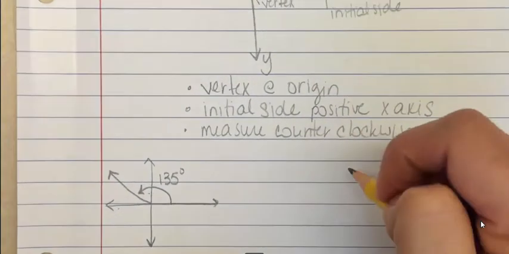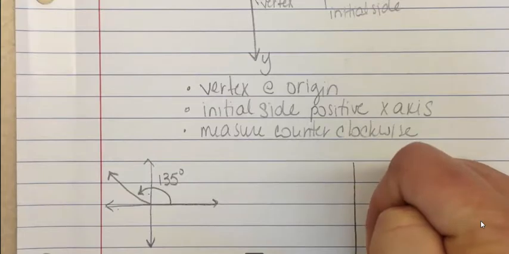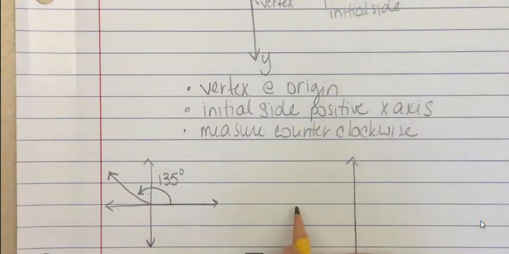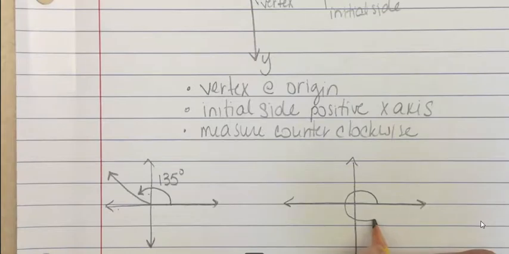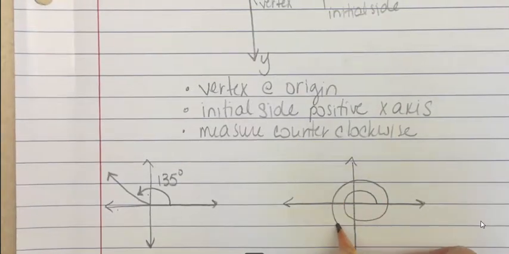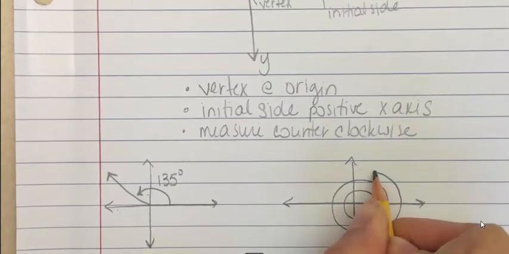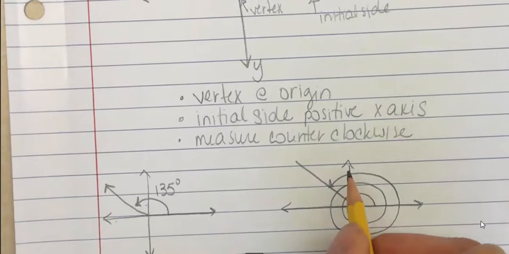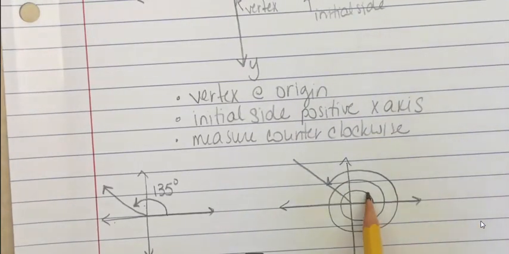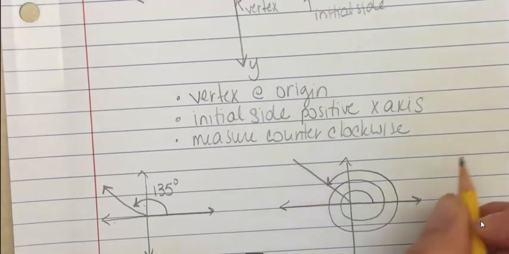A picture of that might look something like this, and I won't go as crazy as some of the figure skaters you see. Maybe the angle starts here and goes around once, then twice, and maybe it stops here. Let's think about what I've just done. We went around one time, that's 360.